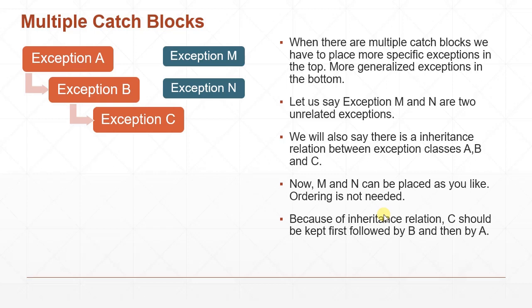Because of the inheritance relation, the ordering of A, B, C becomes important. So here the most specialized class is C and the most generalized class is A. So in the catch blocks, C should be placed before the catch block of B, and A should be the last exception block.